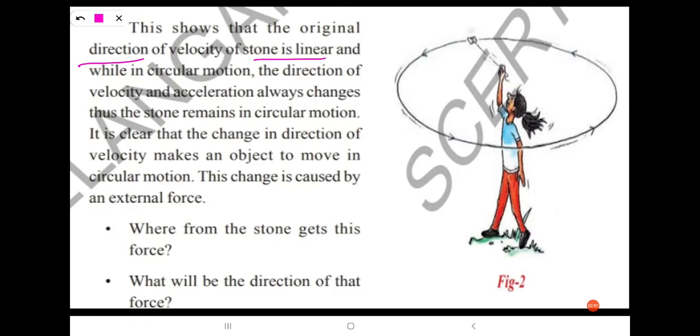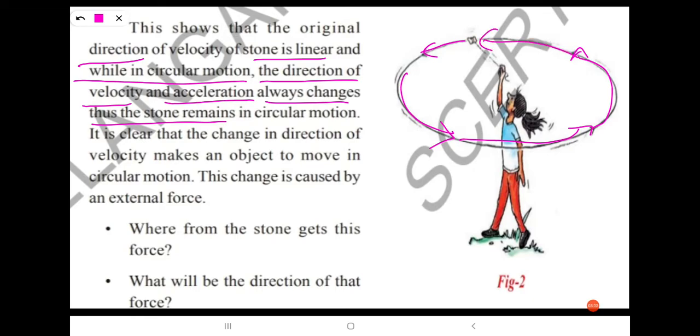The original direction of velocity of the stone is linear, and while in circular motion, the direction of velocity and acceleration always changes.